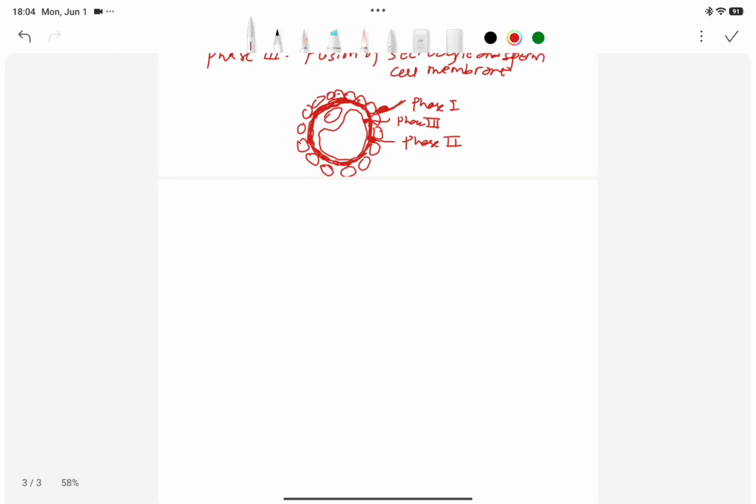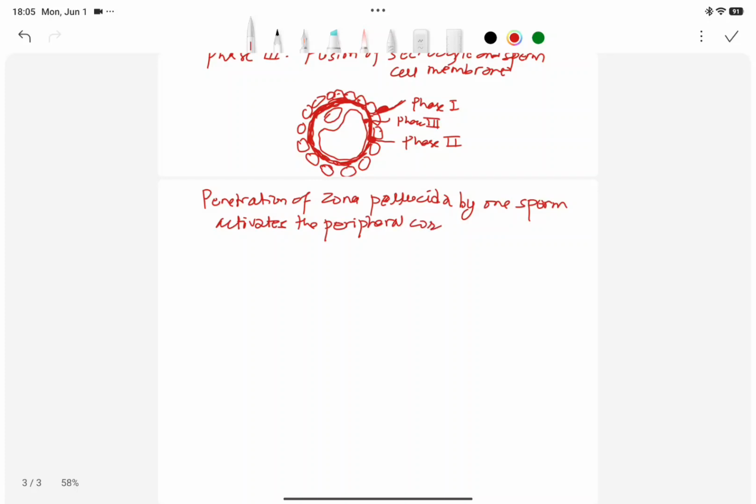When the zona pellucida is penetrated by one sperm, that activates the peripheral cortical granules and makes the zona pellucida impermeable for other sperms.